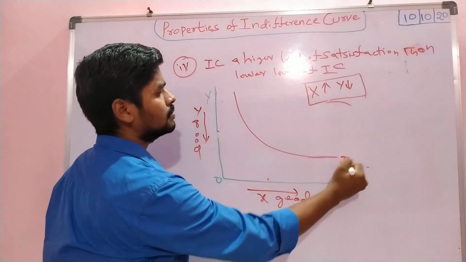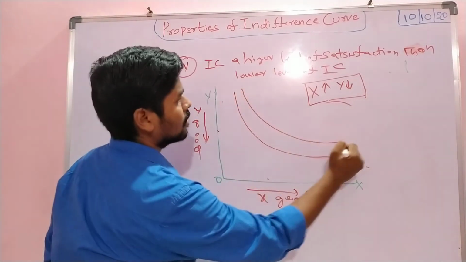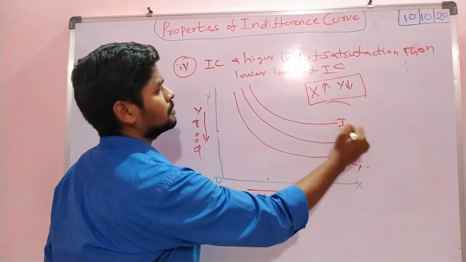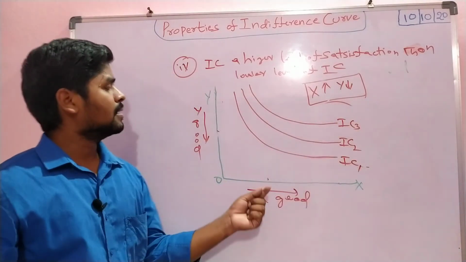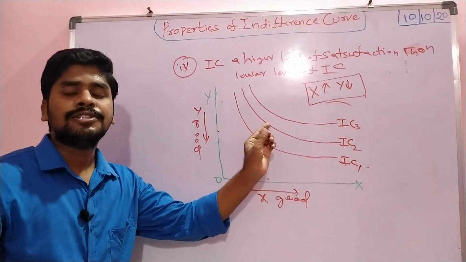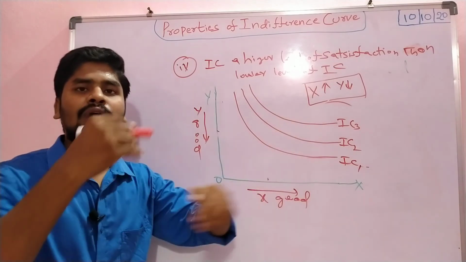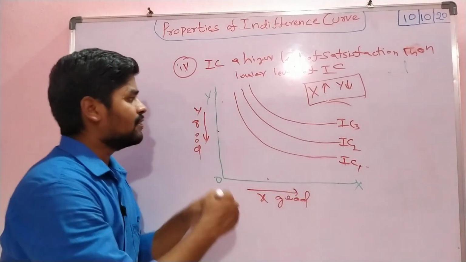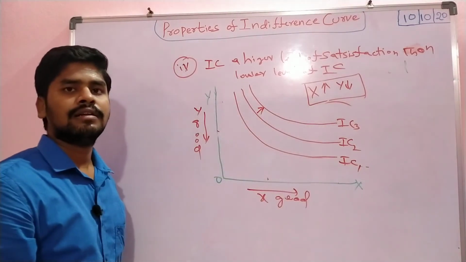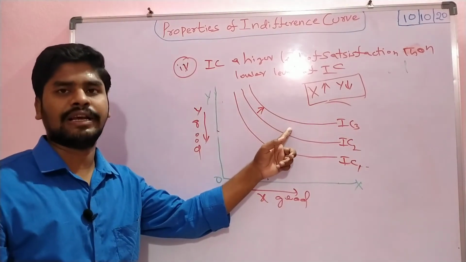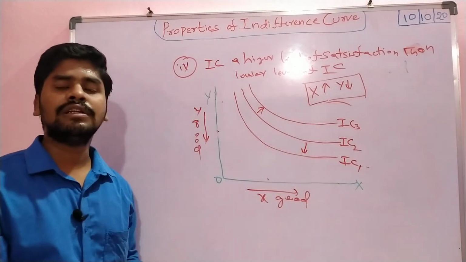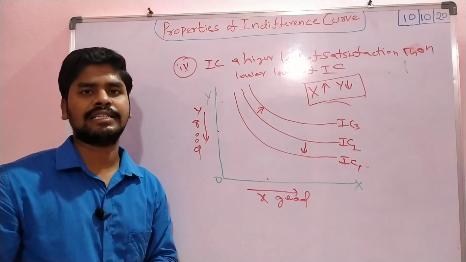This is IC1, IC2, this is IC3. See, if the indifference curve shifts rightward, that gives a higher level of satisfaction. If the indifference curve shifts downward, it gives a lower level of satisfaction.